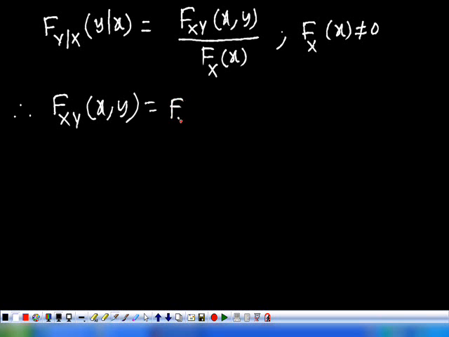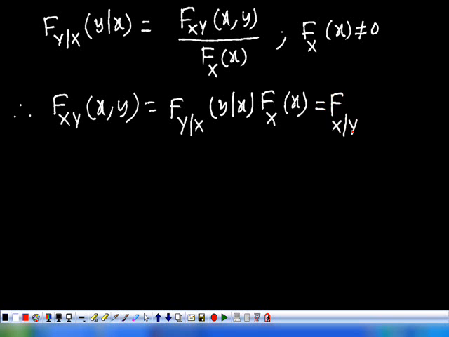So F_{Y|X}(y|x) into F_X(x) is equivalent to F_{X|Y}(x|y) into F_Y(y). Is it right? From the previous equation and this equation, we are equating F_XY(x, y). F_XY(x, y) is F_X(x) into this. From the previous equation, this F_XY(x, y) is this one.